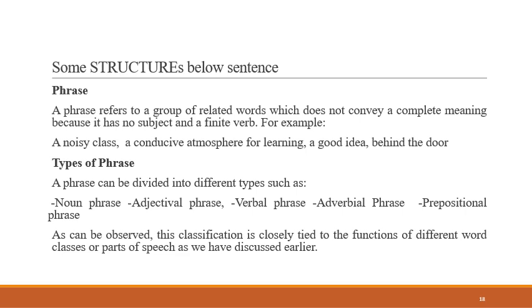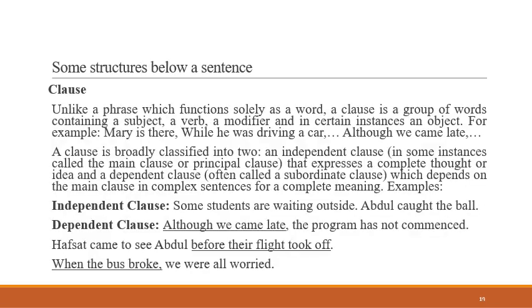Like word classes, phrases are divided according to the word classes. We have noun phrase, adjective phrase, verb phrase, adverbial phrase, and prepositional phrase. As I said before, their functions are closely tied to the word classes discussed before.